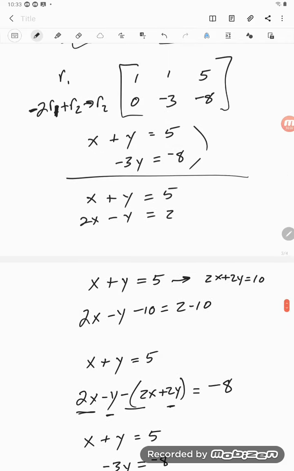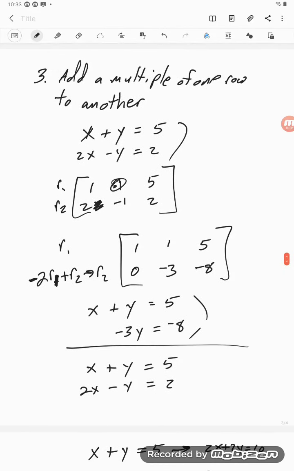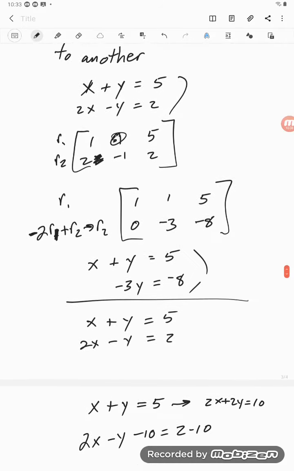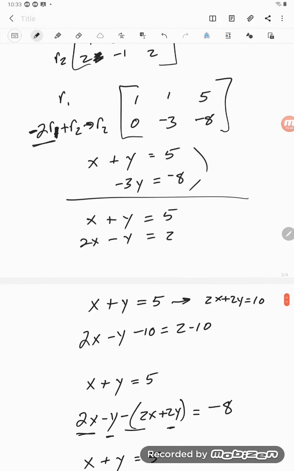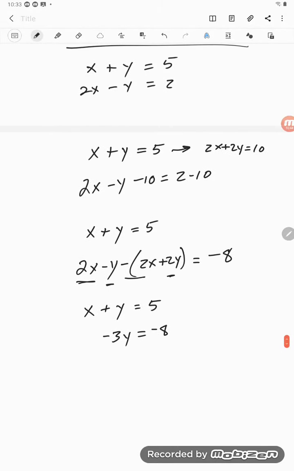So that's the idea back here of adding a multiple. I can add a multiple of one row to another, which I did here. And all you're really doing, because these things are equations, is a kind of substitution.